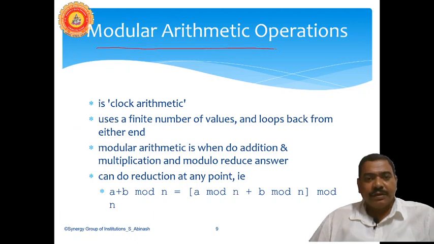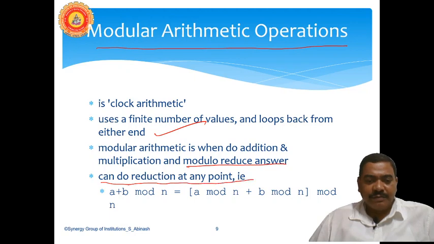Modular arithmetic. Modular operation is a clock arithmetic. That means after a certain number, it will be repeated, cyclic. It uses a finite number of values and loops back from the other end. In modular arithmetic, we do addition and multiplication and modular reduce the answer. We can do reduction at any point of time.